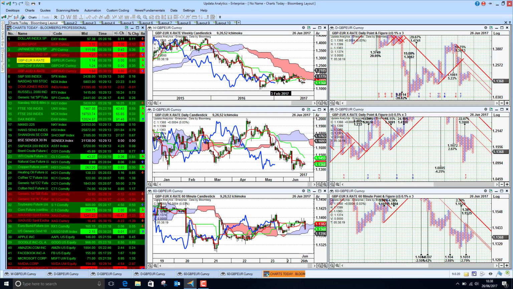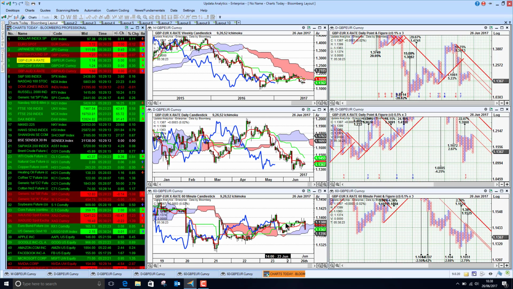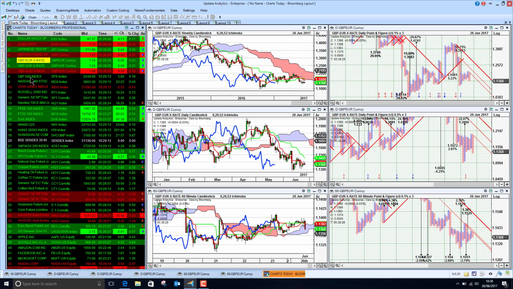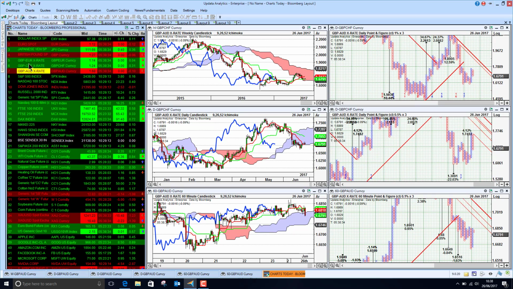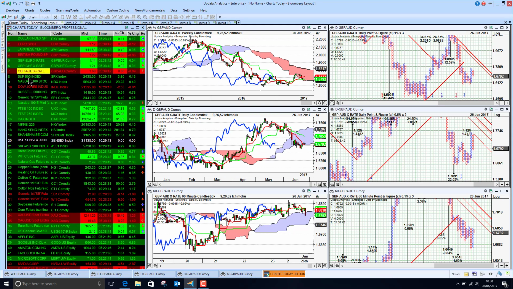The short term chart is still just above the cloud, but we've got a lot of downside targets hanging over us, so we expect sterling to fall sooner or later. Against the Swiss franc it's much the same picture. Against the Australian dollar, again a similar picture: downside targets, bearish in the long term, maybe soon turning bearish in the medium term.